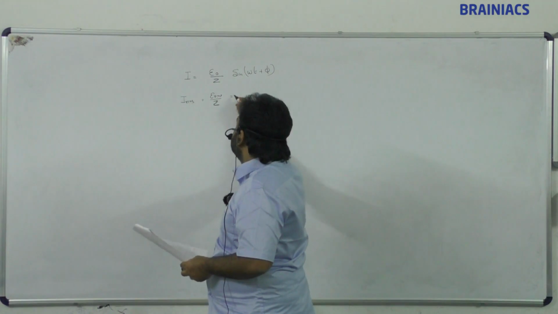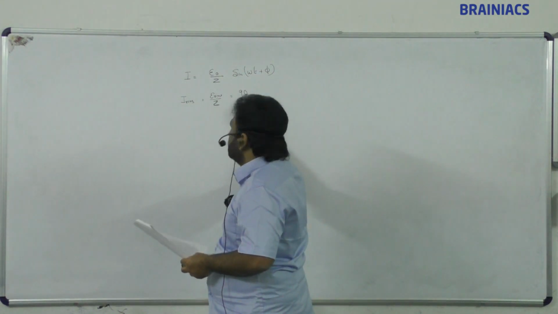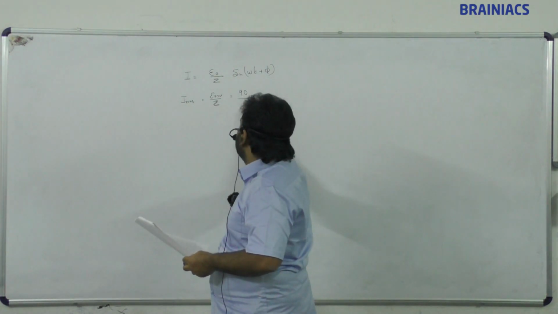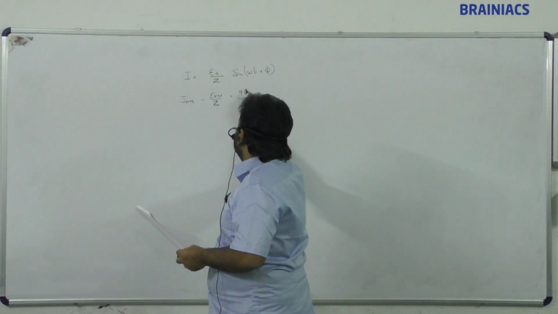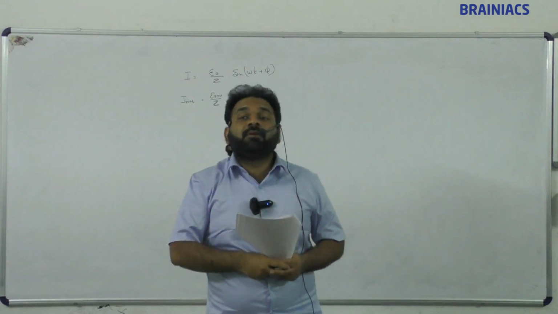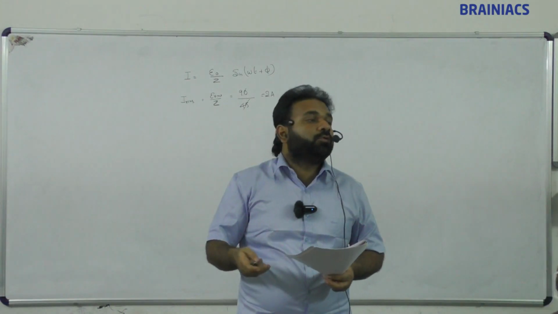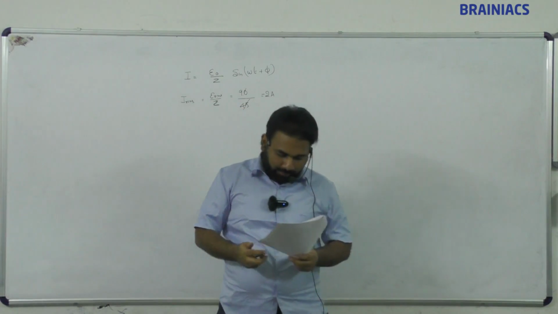So ERMS by Z. 90 volt is ERMS obviously, divided by 45, so this is going to be 2 ampere. And if it is a general DC ammeter, the answer will be 0. So you can add there hot wire ammeter.